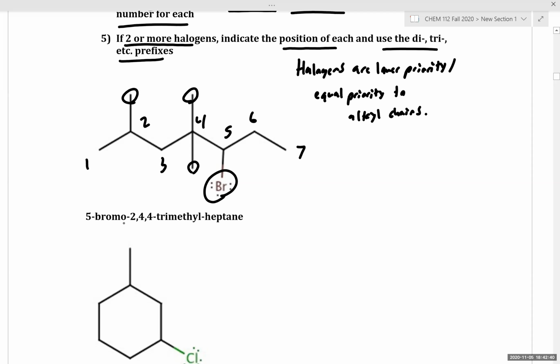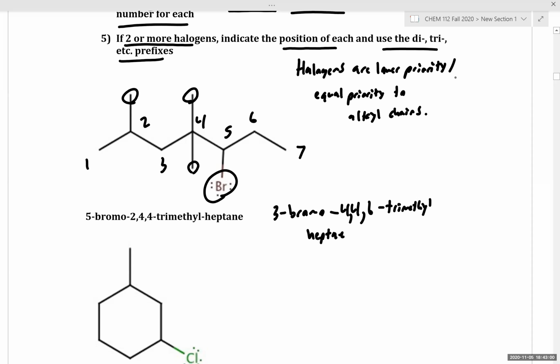That's why it's named as 5-bromo-2,4,4-trimethylheptane rather than 3-bromo-4,4,6-trimethylheptane.